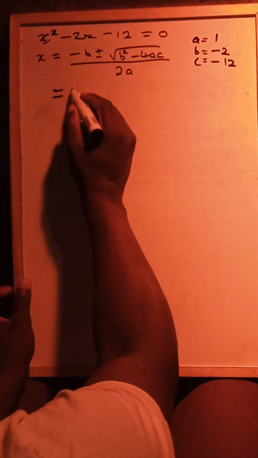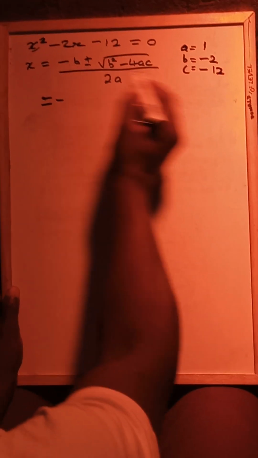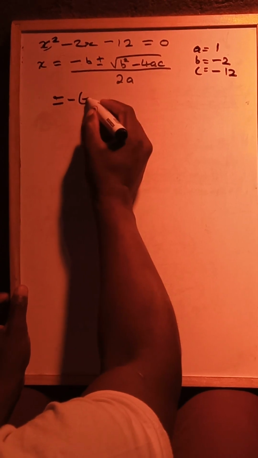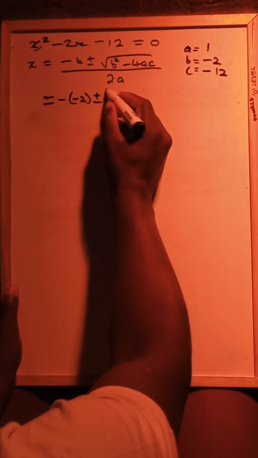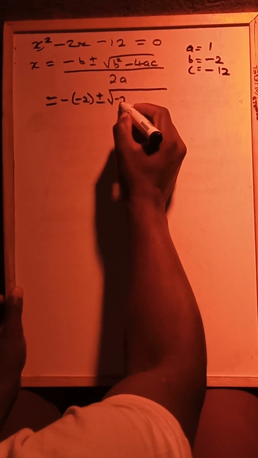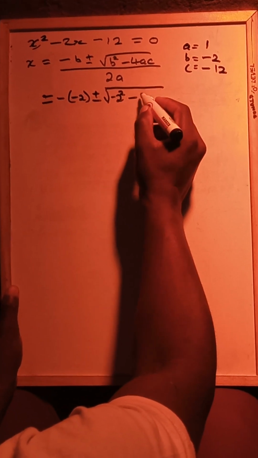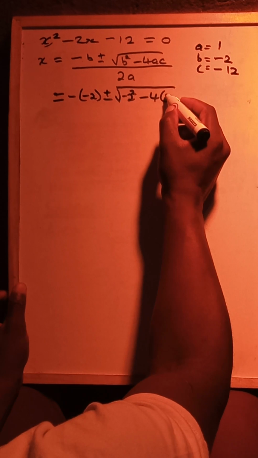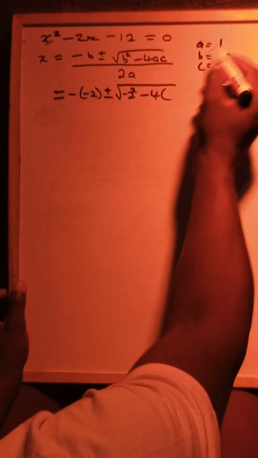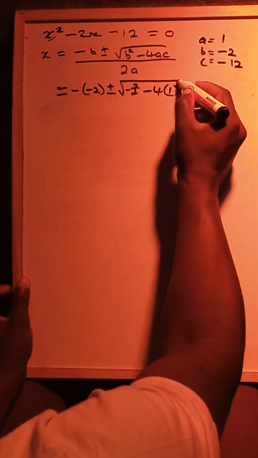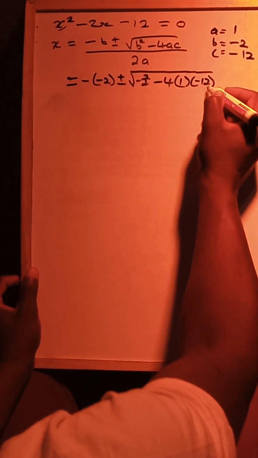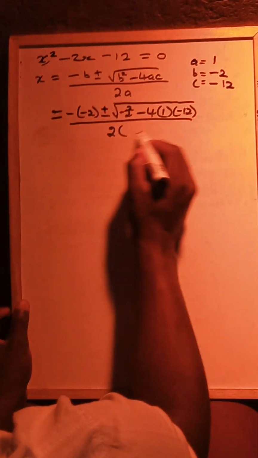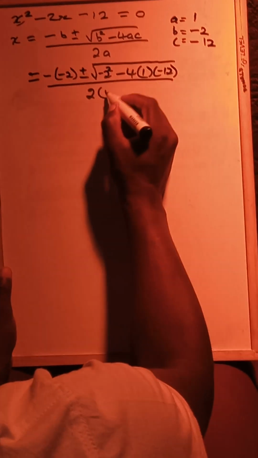We have a minus already here, but this B has a minus: minus minus 2, plus or minus the square root of minus 2 squared minus 4 bracket, the value of A is 1, the value of C is minus 12, all over 2 times the value of A, 1.